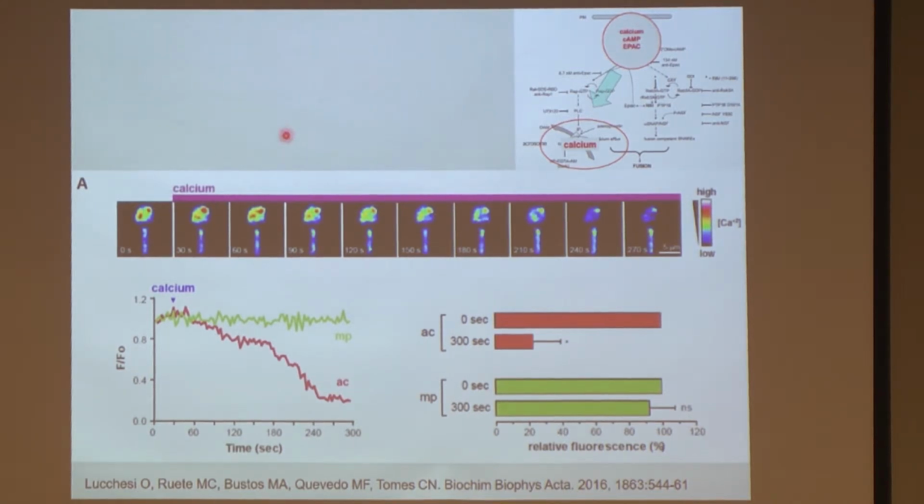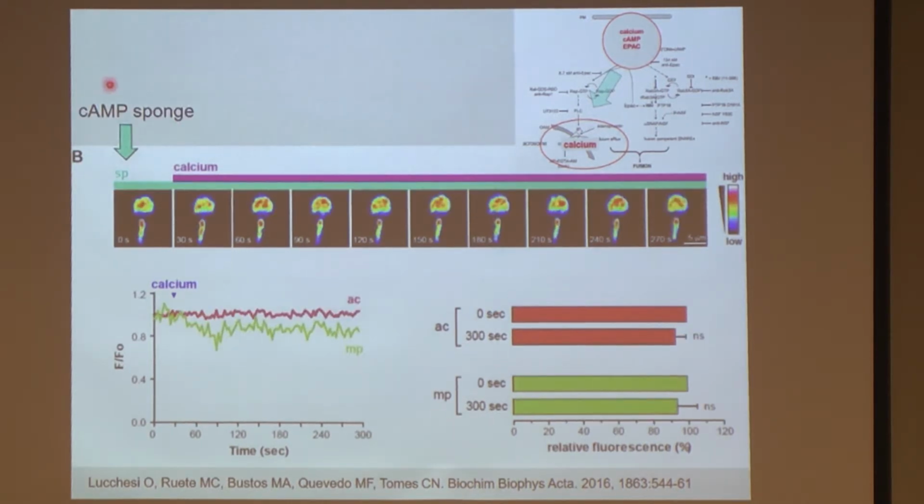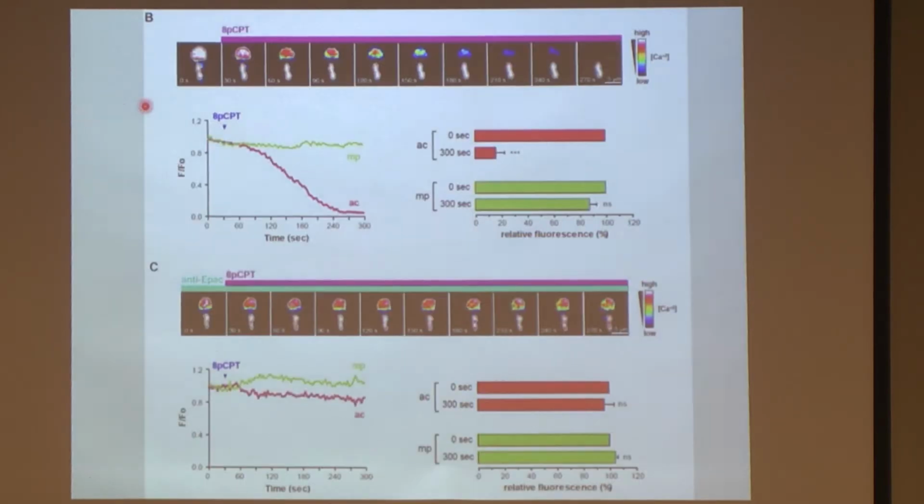According to the model, this should require cyclic AMP. So she showed, and the group showed, that if you block the production of cyclic AMP or you deplete cyclic AMP, you block the effect of calcium. And if you activate with this cyclic AMP analog, which is specific for EPAC, you observe the release of calcium.